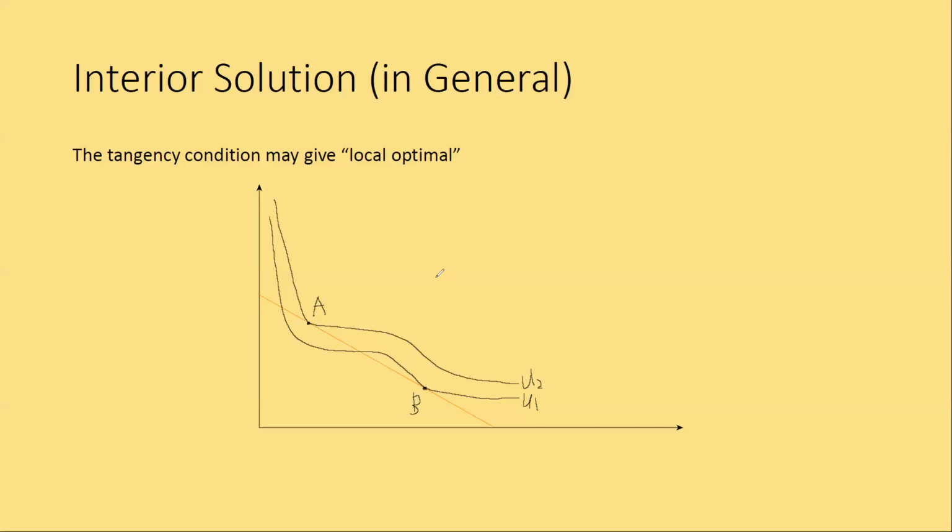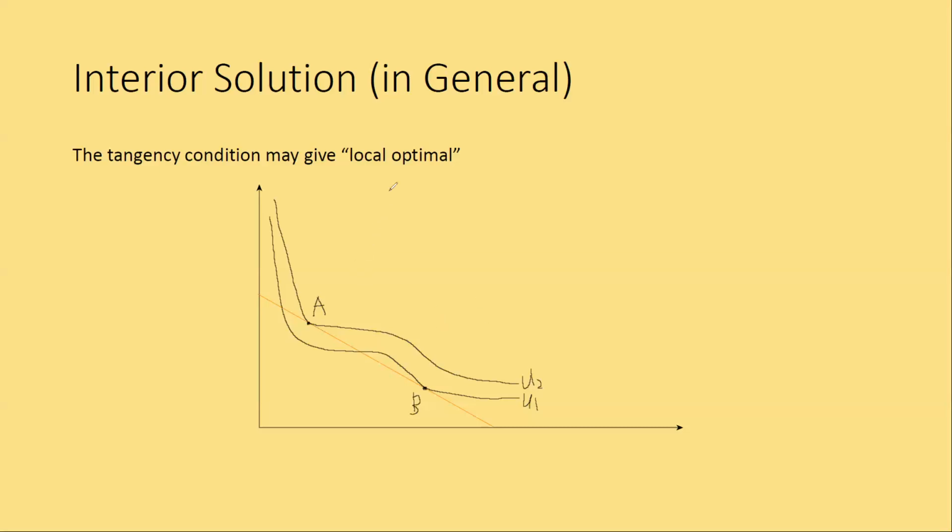Because at point B, we can find another point, point A, which is also on the budget line and provides a higher level of utility than point B does. So point B is only a local optimal, but not the actual optimal solution. However, point A is the actual optimal solution in this case, if the indifference curves look something like this.